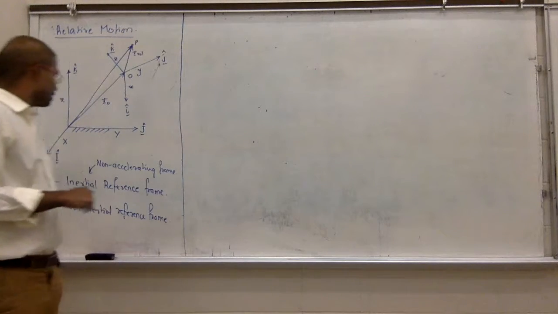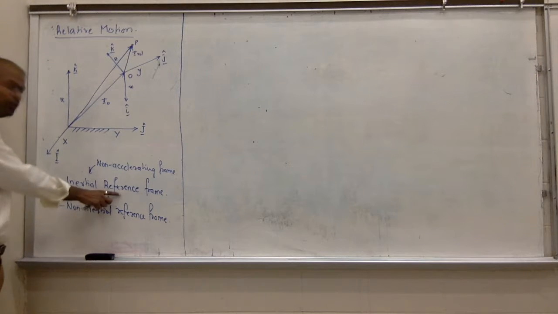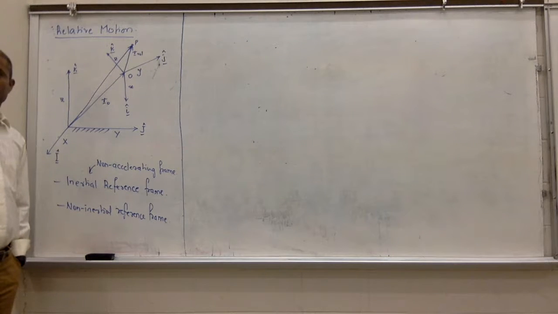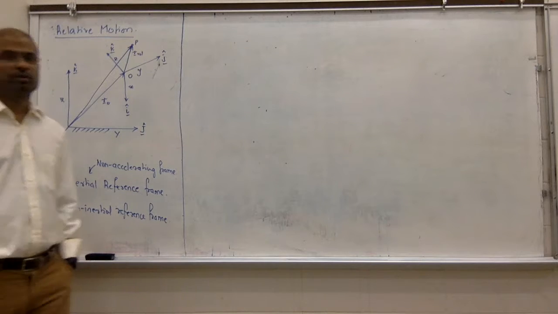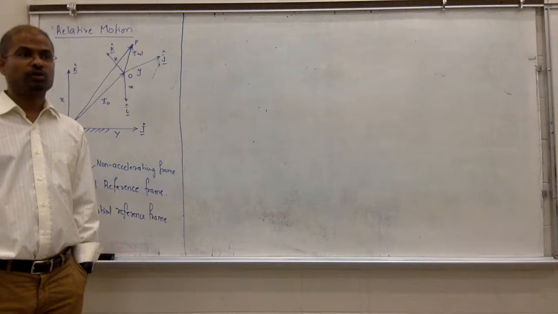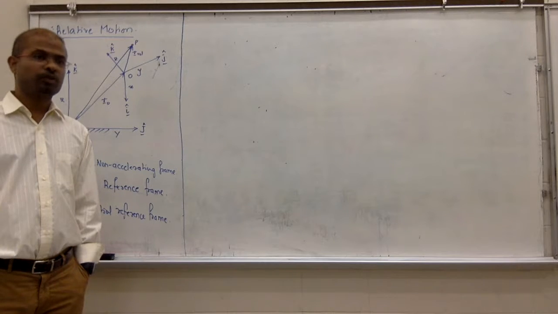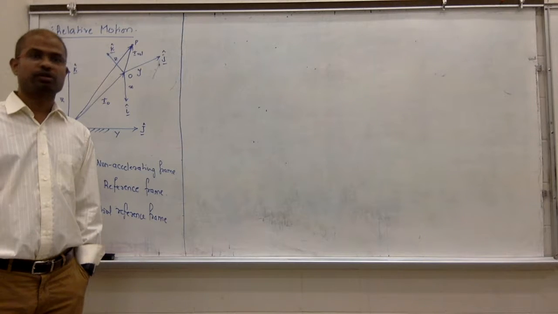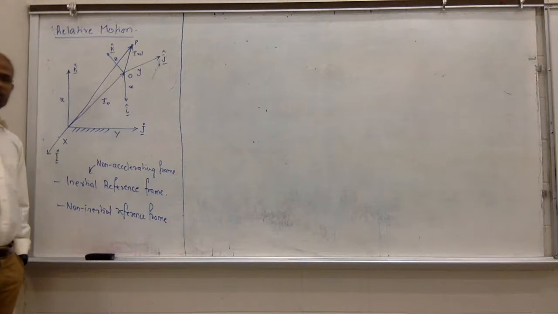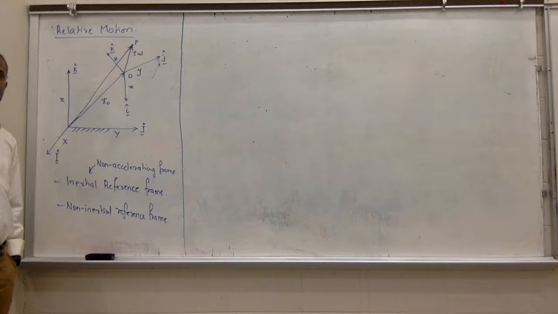Now Newton said his laws are applicable only in an inertial reference frame, which means if you apply Newton's laws in an aircraft, in a moving train, in a moving car, they will not be applicable unless those are moving at constant speed.